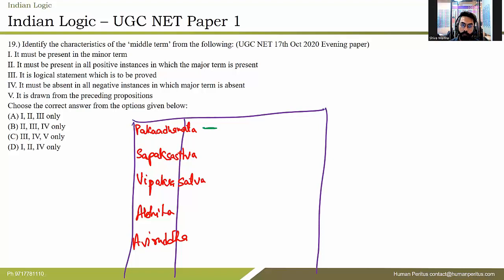Pakshadharmata means that middle term should be present in minor term. What does Sapaksha Sattva mean?